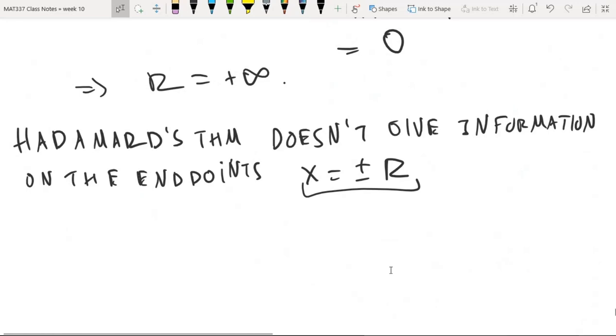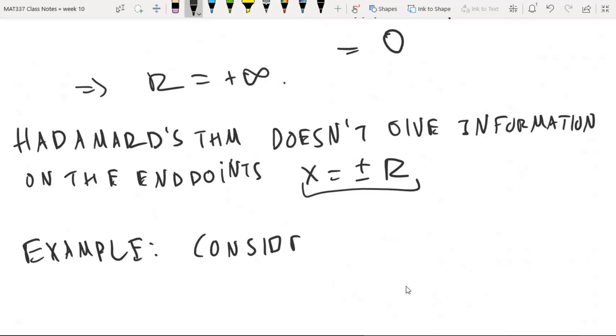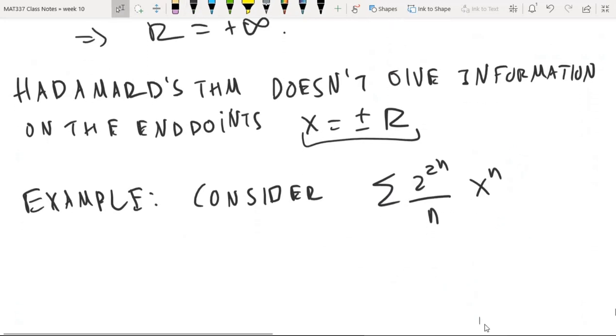Actually, let me do an easy one first. This is one where you have convergence. Consider, and I think this is in your book too, 2 to the 2n over n, times x to the n.